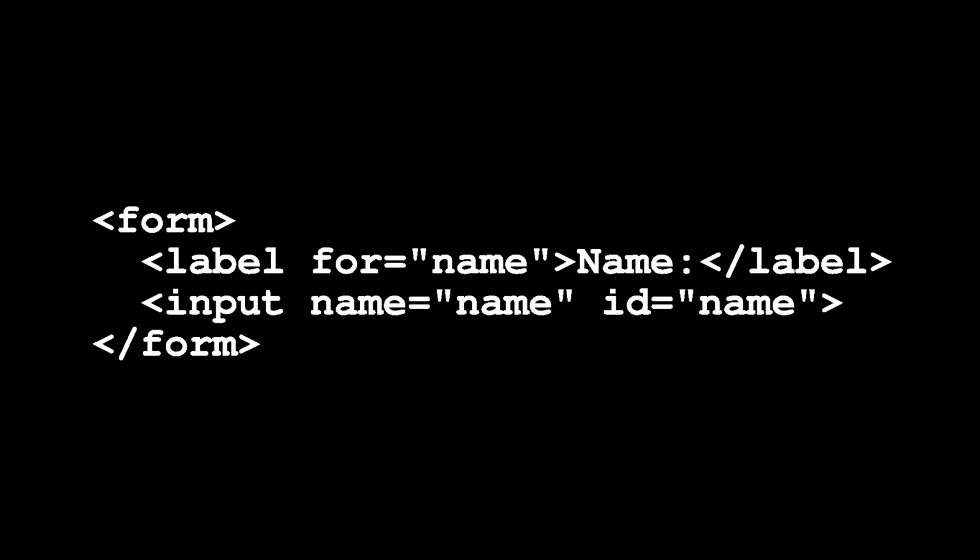I've just realized this. The for attribute on the label points to an ID. So you have to put an ID attribute in your input, and then with the label, you put the for attribute, and then you type in the ID of that input. So yeah, it's not the name, it's the ID. I don't know why it's like that, but yeah.